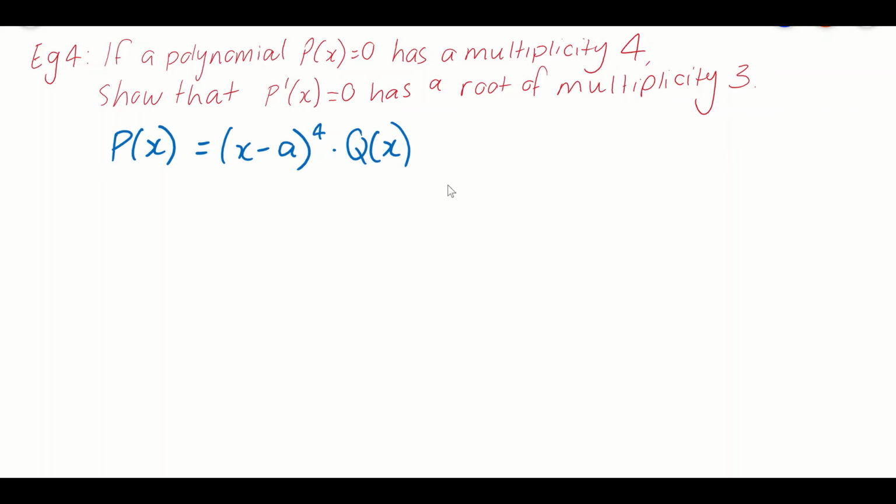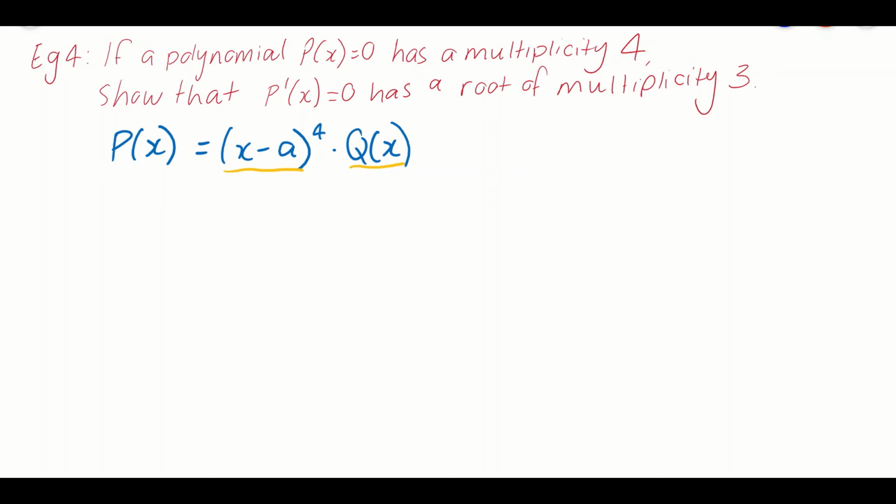All right, so what we need to do is differentiate, because that's what we need to show, that it has a multiplicity of 3. Remember, this has an x in it, and whatever the q of x is also could have an x in it.